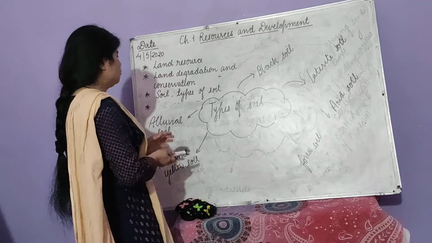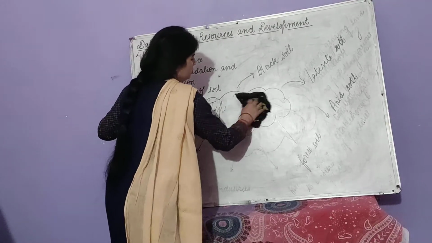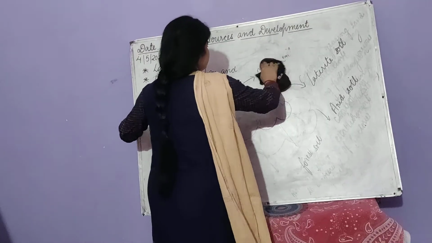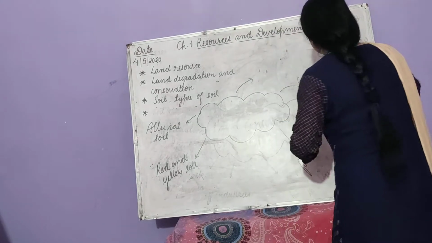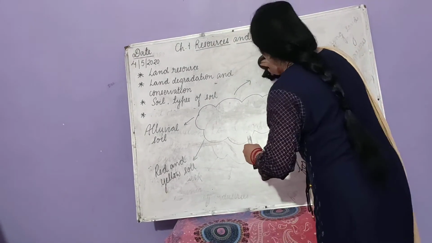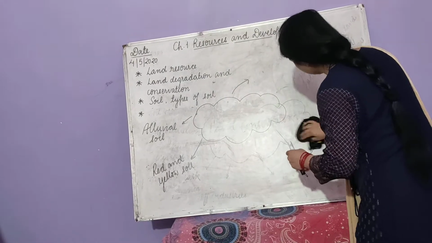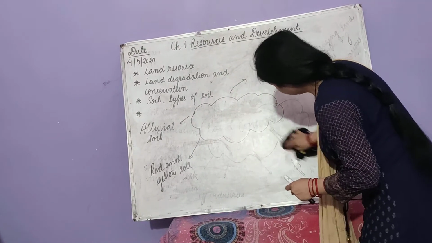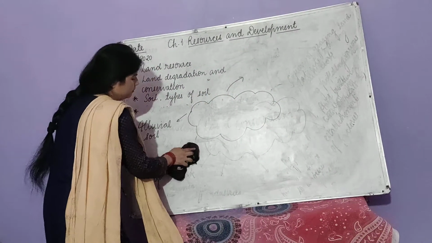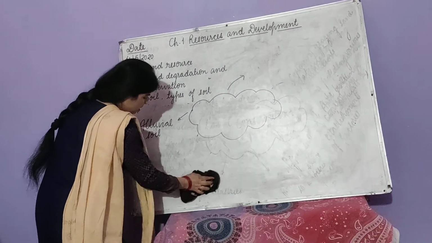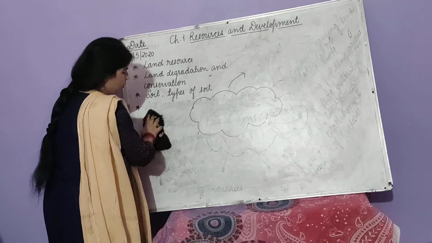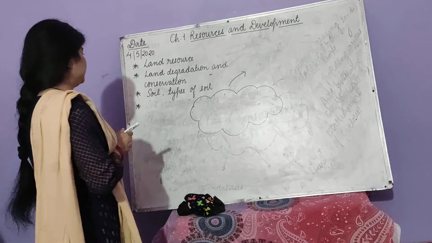Now we are moving to the next subtopic, that is soil erosion. Many times we have observed in our society that people talk about this problem, especially those people who are busy in the activity of cultivation or agriculture.